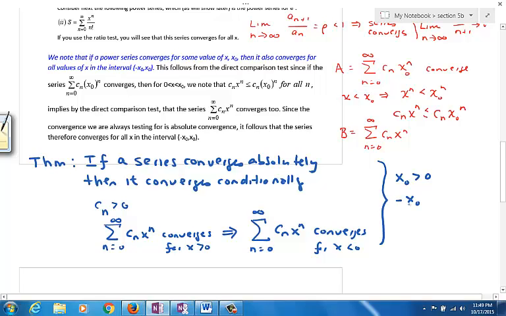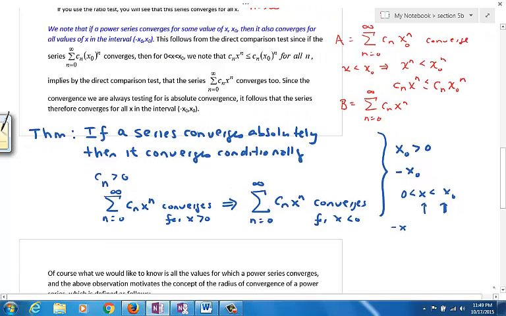And that's the key thing, because now if we know it converges for x naught, it converges for x, which means it also converges for negative x. And this is what gives us this notion of a radius of convergence. If we let this be 0, and we have any positive value over here where the series converges, it also has to converge for the negative of that value. That's a very important point. We're going to use that a lot.